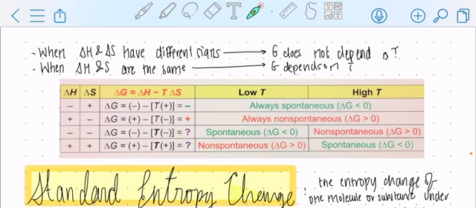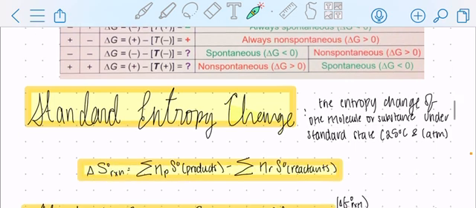When both the enthalpy and the entropy are negative, it can be spontaneous or non-spontaneous depending on the temperature. And the same thing is true for when both the values are positive. So therefore, it is important to remember this, and you can usually plug the signs into the equation and figure out what it would be. But it's good to have it in a chart when deciding.